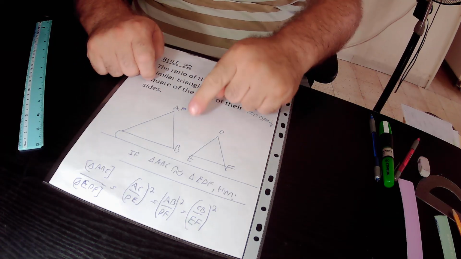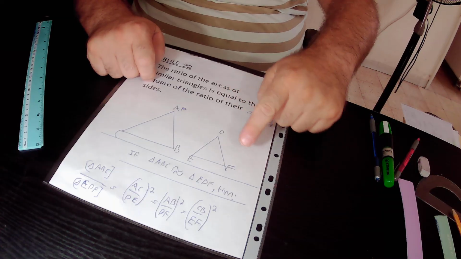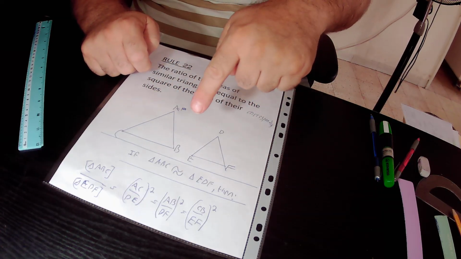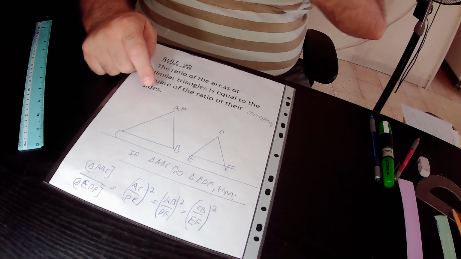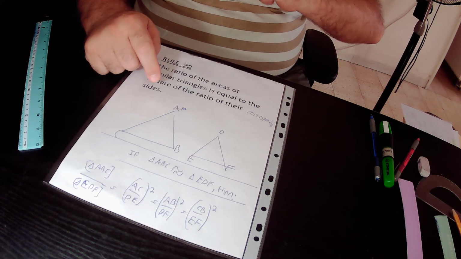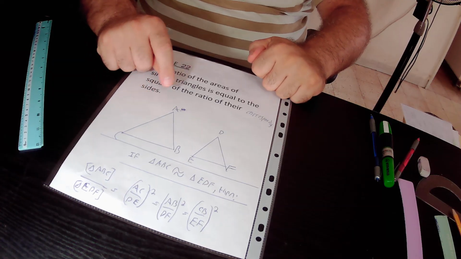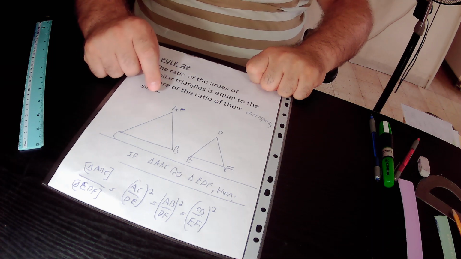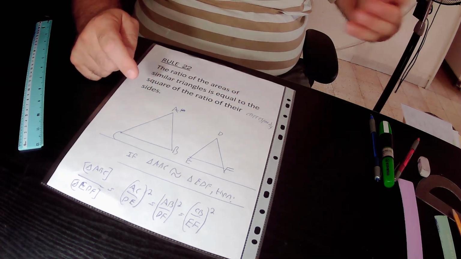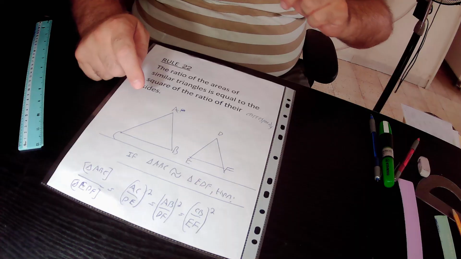Likewise, side AB is the corresponding side of side DF, and finally side CB is the corresponding side of side EF. Therefore, the square of the ratio of those two corresponding sides is of course AC over DE squared.